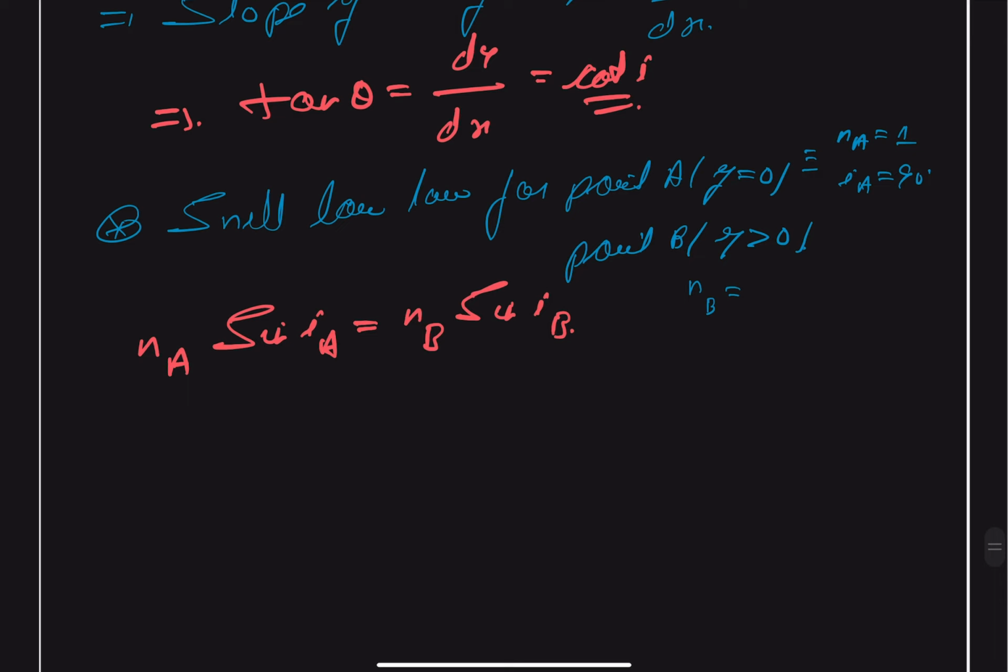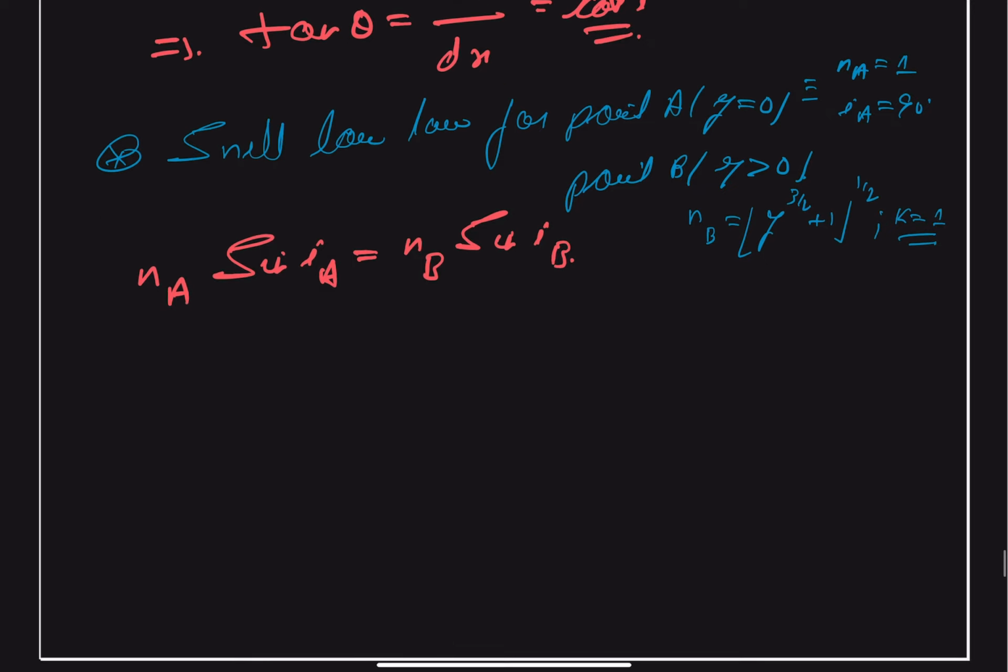So we are going to have this as (y^(3/2) + 1) whole raised to power 1/2, because K is already 1. And IB is our incident angle.